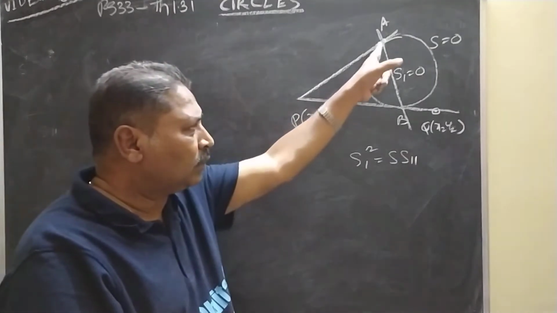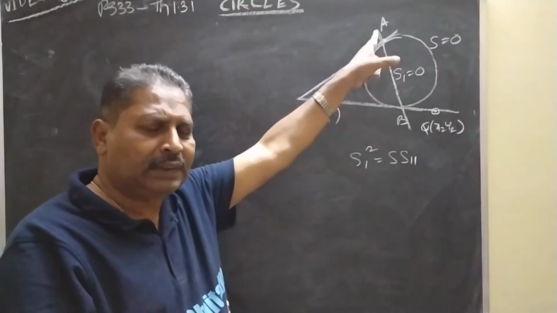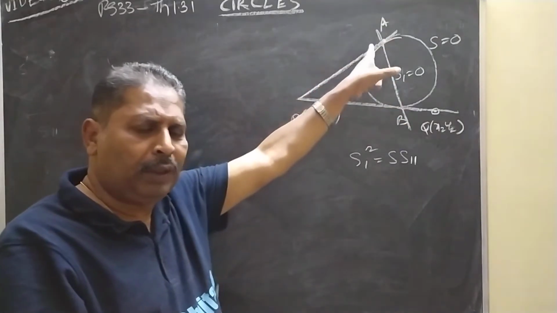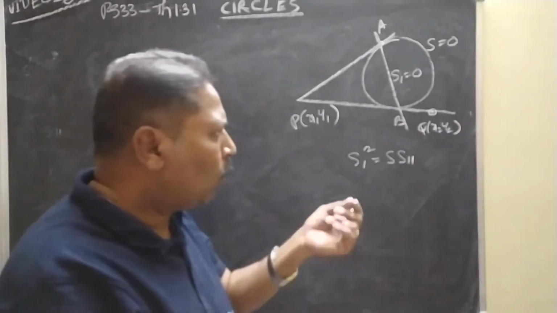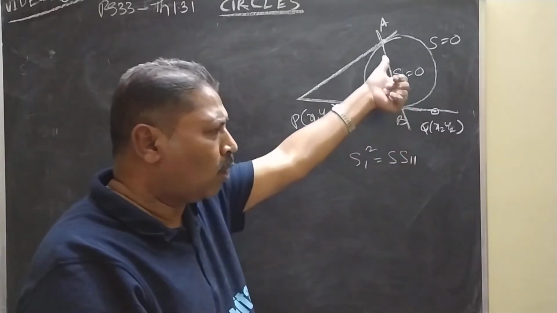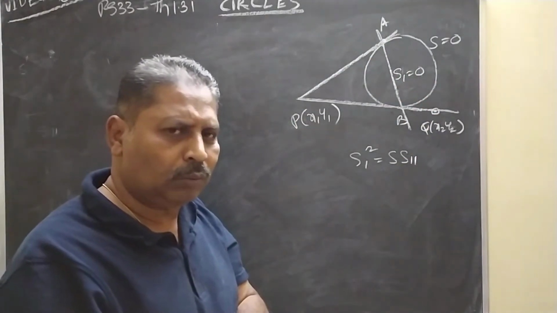Two tangents drawn from P meet the circle at A and B. The line AB is called the chord of contact. We know that the equation of the chord of contact is S1 = 0.